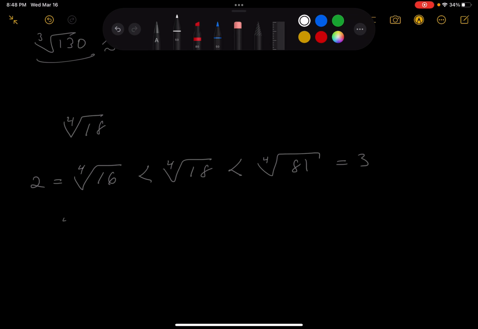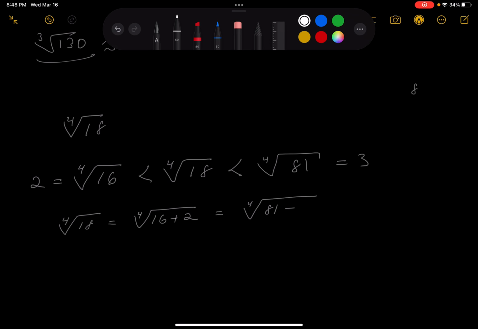The fourth root of 18, I could write it down as the fourth root of 16 plus 2, and there's a point to it. Or I could write it down as the fourth root of 81 minus, let's take a look at this.